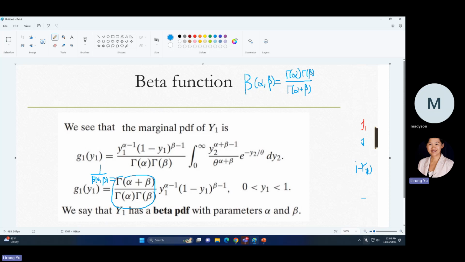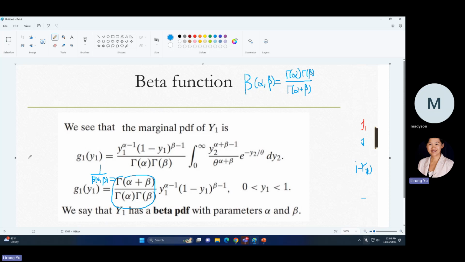What's interesting about this is that for a beta distribution, the variable is between 0 and 1. That makes it a really nice model for probability. If you want to find a function that explains the behavior of a probability value, the beta distribution's definition guarantees that it's between 0 and 1.